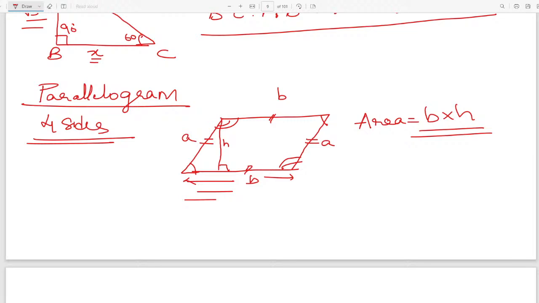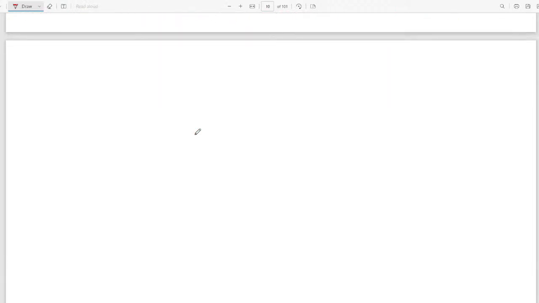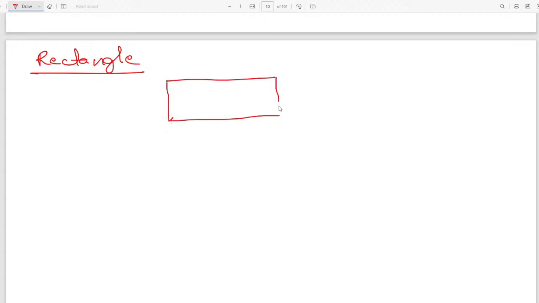And a special type of parallelogram is the rectangle. A rectangle is a special parallelogram where the opposite sides are equal and parallel, and the opposite angles are also equal, and they are equal to 90 degrees. So all the angles are 90 degrees.